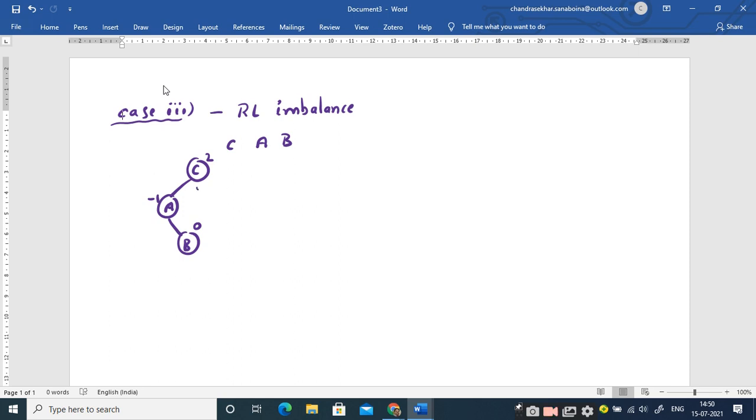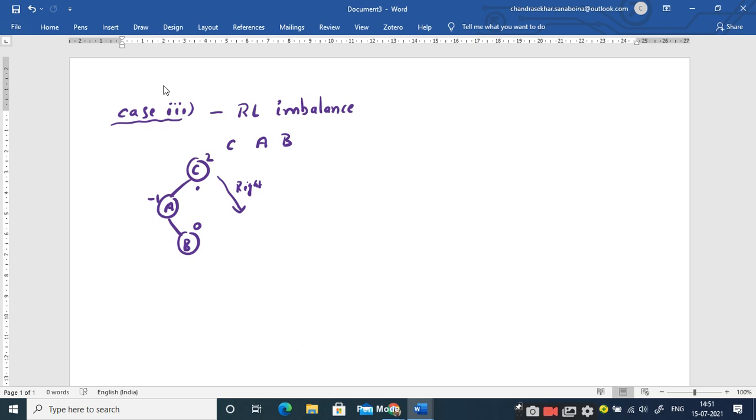So assume that there is a hanger here, and if you try to apply the same solution as the previous one, that means I try to pull it in the right side direction, what will I get? I will get A like this, C like this, and B will be like this. But this is not the solution, right?